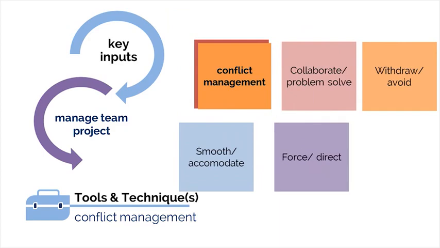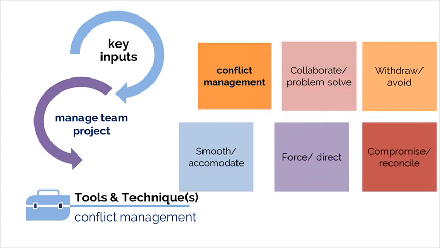Force and direct. If you have the authority and you need to settle conflicts quickly, you can also exert your viewpoint at the expense of the viewpoints of others. This forcing is often characterized by competitiveness and a win-lose situation. It's my way or the highway. Compromise and reconcile. At times, there is bargaining and searching for solutions that bring some degree of satisfaction, temporarily or partially, to all the parties in a dispute.